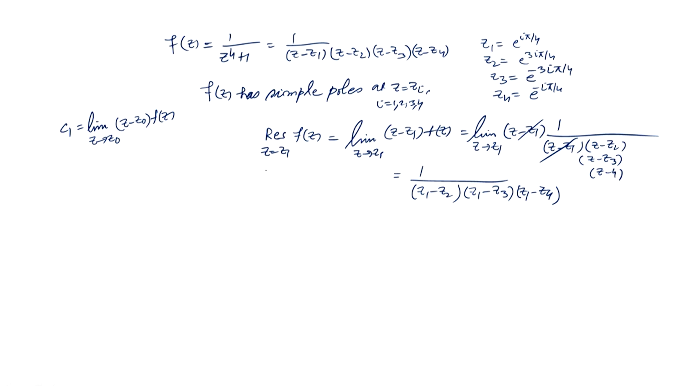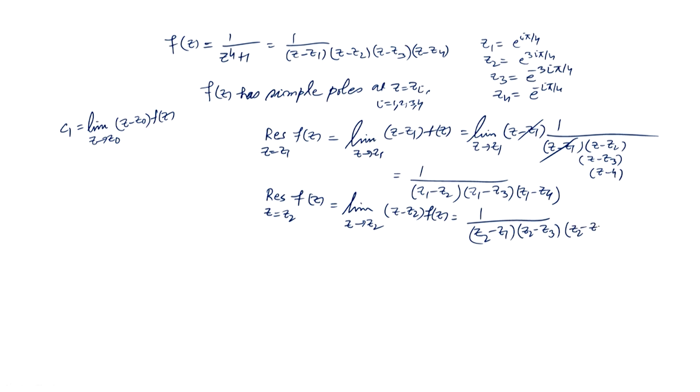Similarly, if you find the residue at z = z2, then we have the limit z tends to z2 of (z - z2) into f(z). The factor 1 over z - z2 will now cancel in the numerator and denominator, so we will have 1 over (z2 - z1)(z2 - z3)(z2 - z4).